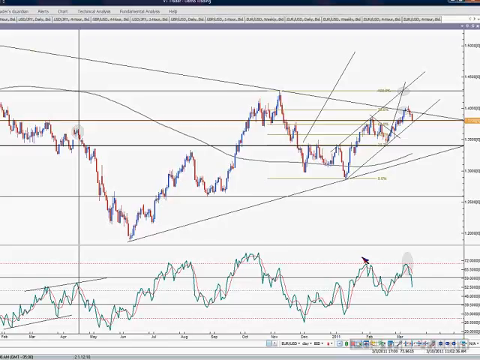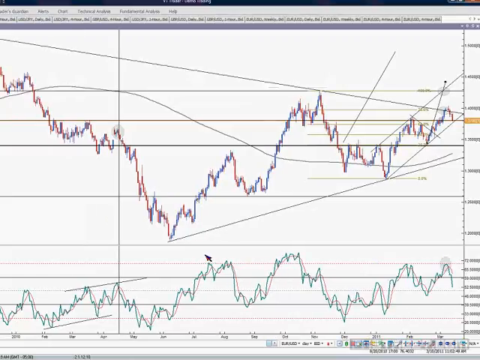One thing we saw here was that the RSI failed to break above 70, and for the bullish scenario, that's not a very good sign. We want to see the RSI break above 70. Conventionally, when we first learned about the RSI, we learned that if it's below 30, it's oversold, and if it's above 70, it's overbought.